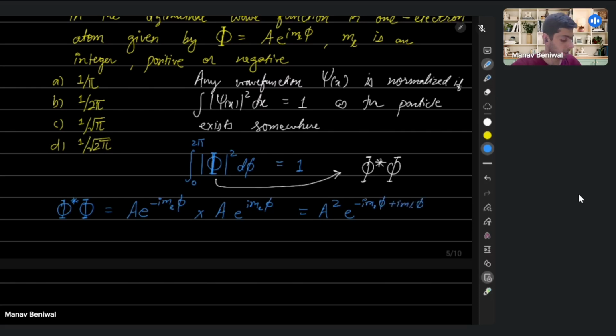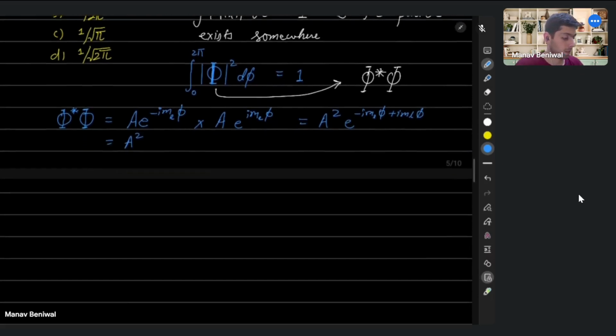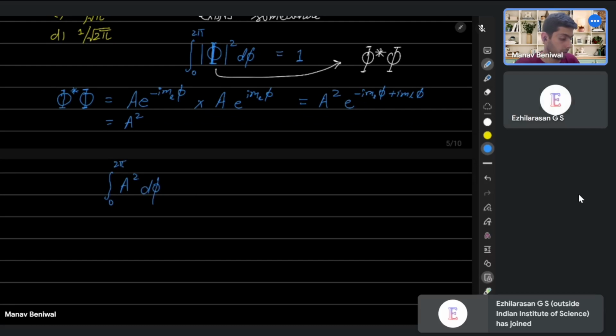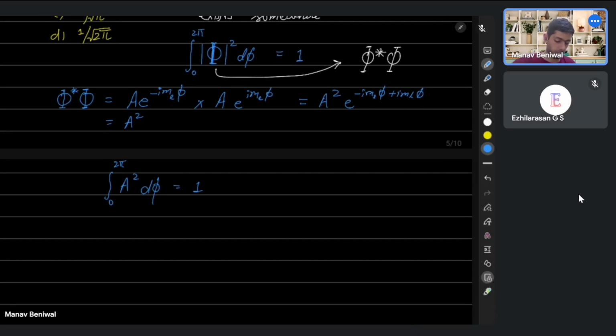So this is 0, so then this is nothing but a squared. Now if we put this in the integral, we get the integral from 0 to 2 pi of a squared d phi, and because a is a constant we can just pull this out of the integral.